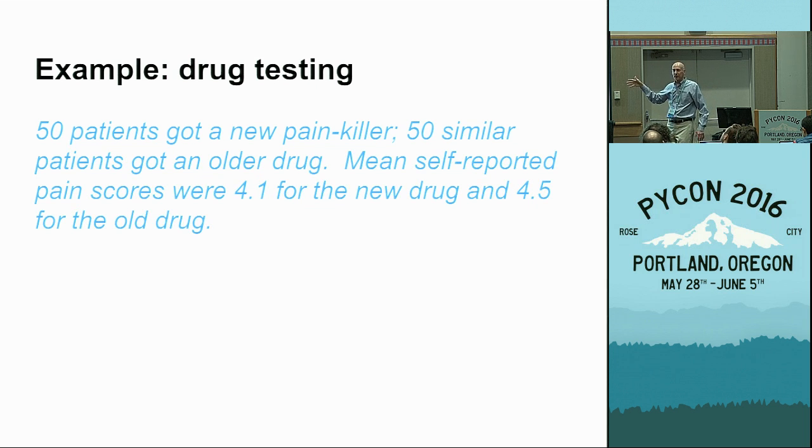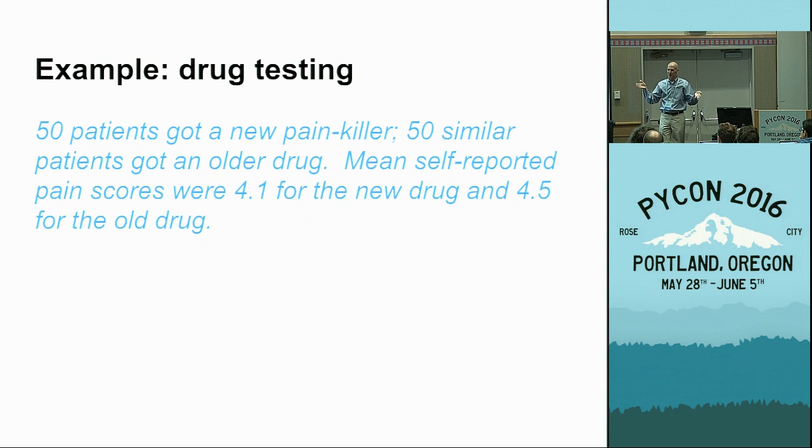The average self-reported pain score with one painkiller is 4.1. The average with the other drug, maybe the old drug, is 4.5. It looks like the new drug might be better because the pain scores are lower, and low is good. But the natural question you would want to ask is, how big is the effect?